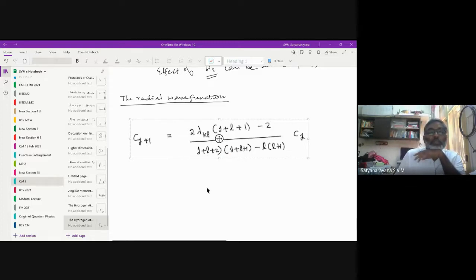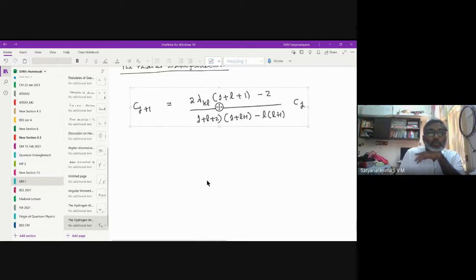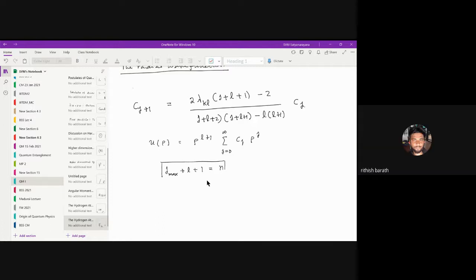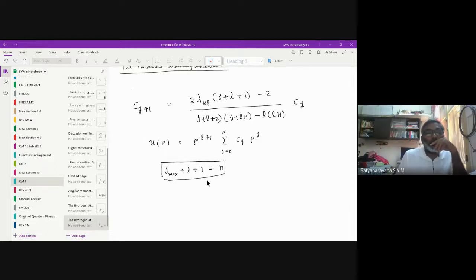And then we had U of rho is equal to rho to the power L plus 1, which we have figured out, and then the sum over J from 0 to infinity of Cj into rho to the power J. And then we had written J max plus L plus 1 is equal to what we called N. So J max plus L plus 1 is equal to N.